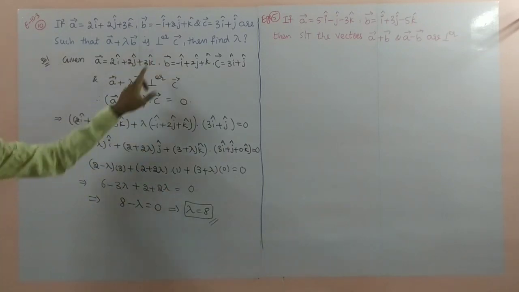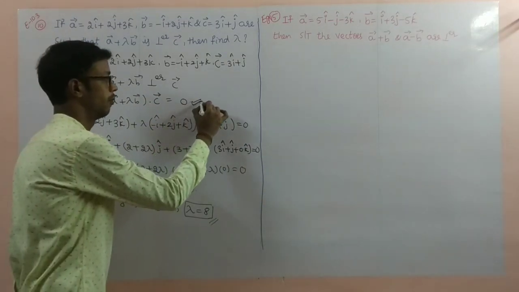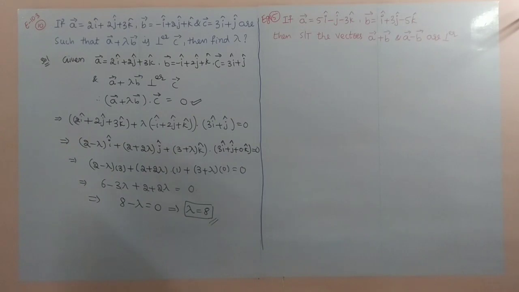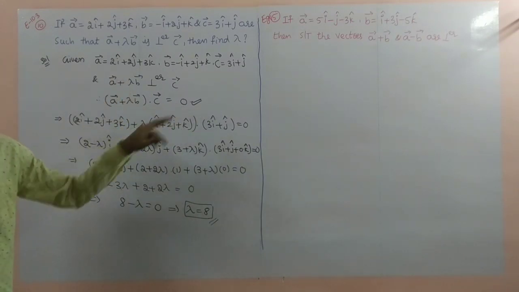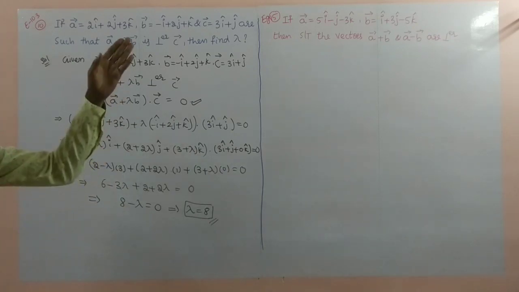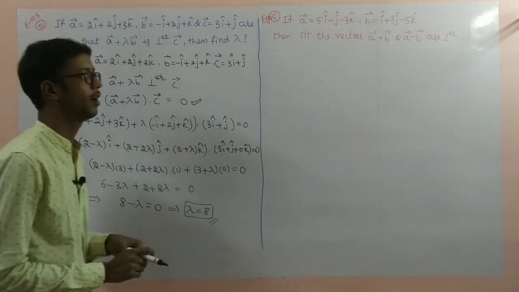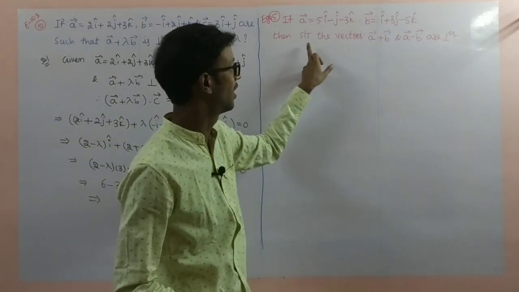The perpendicular condition means the dot product should be equal to 0. This is a very important point. Two vectors being perpendicular also means the dot product should be equal to 0. Based upon this perpendicular condition, example 15 is there. A bar and B bar, two vectors, are given.